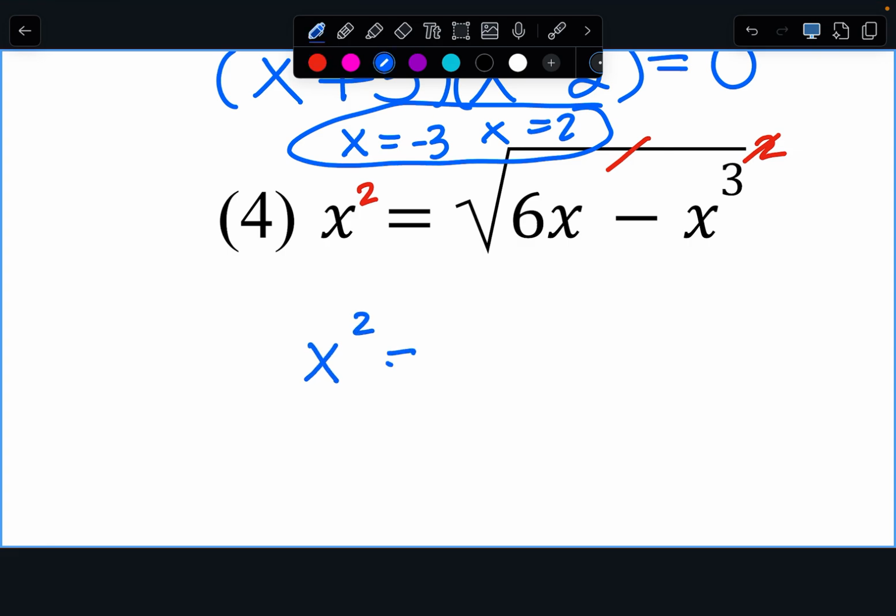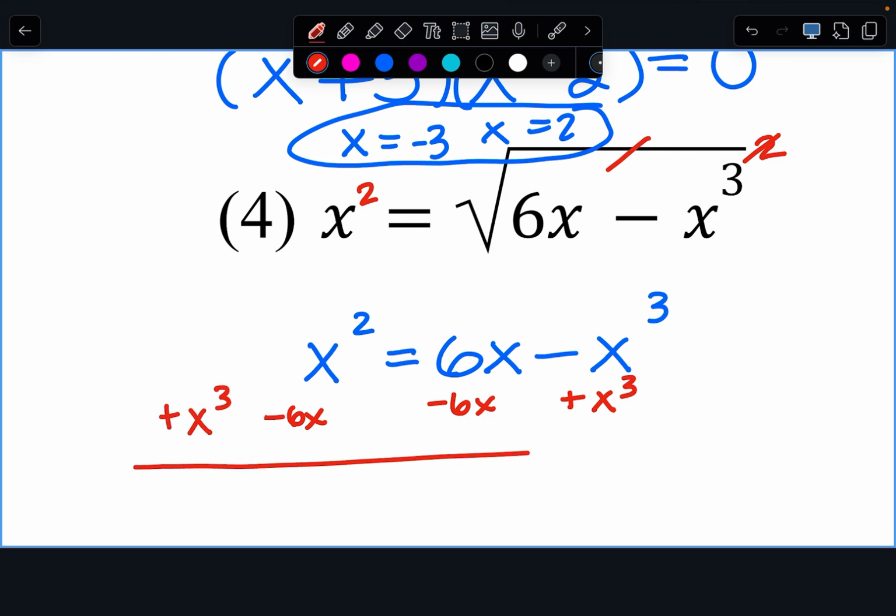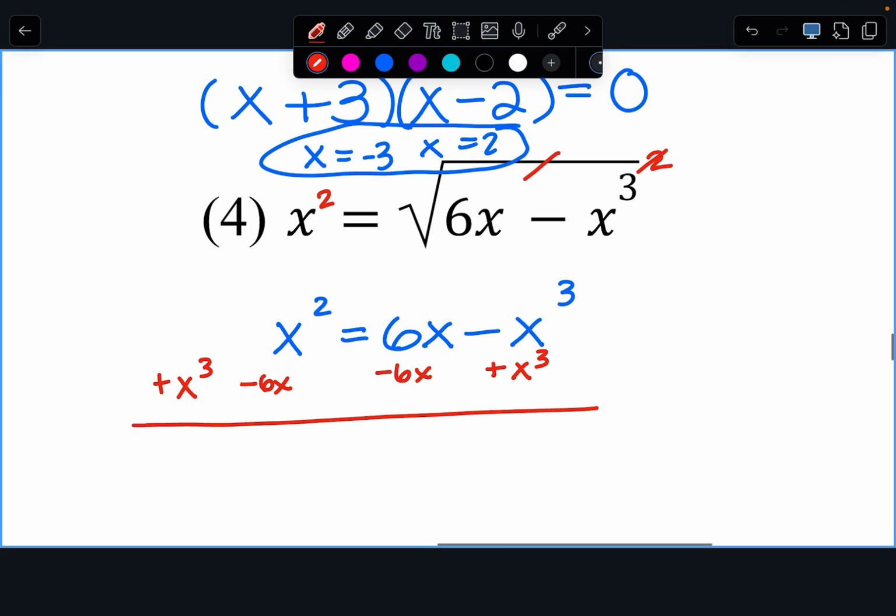So x squared equals 6x minus x to the third. Let's get everything to one side. Minus 6x over here, plus x to the third, also over there. And what you'll notice, none of them have the exact same exponents. So I'm going to write them from biggest exponent down to smallest exponent.